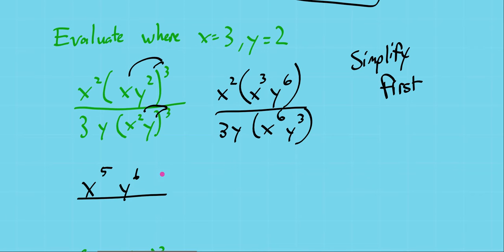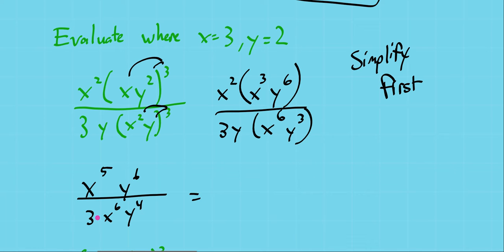And on the bottom, 3y times x to the 6th, y cubed is, I'll just write them alphabetically. 3 is the only number, that comes first. The x's, there's going to be 6 of them. And the y's, there's going to be 3 plus 1 if we're doing exponents. It's going to be 4. There's 4 y's down there.